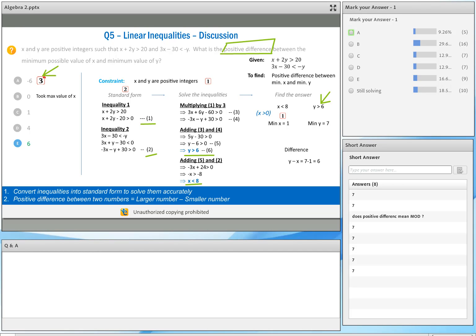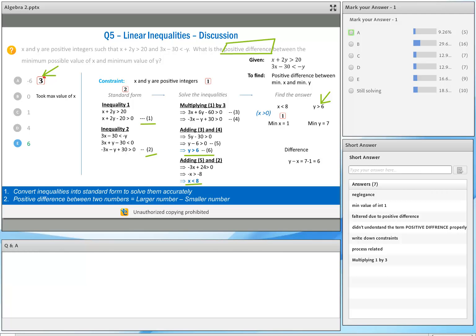Now, tell me, why did you falter in this question? What would be your error log entry for this question? Negligence is not an error log entry. Falter due to positive difference. Okay. Didn't understand the term positive difference properly, so you couldn't understand the question statement correctly.